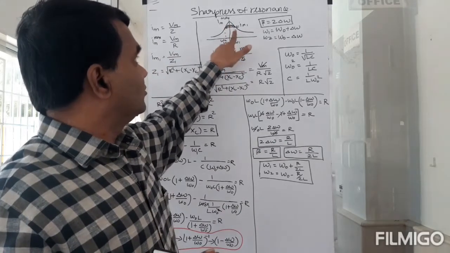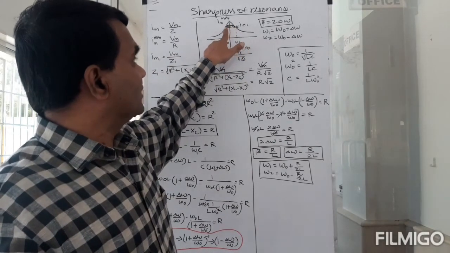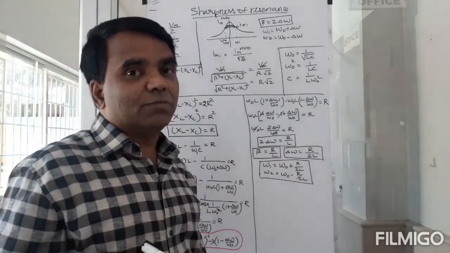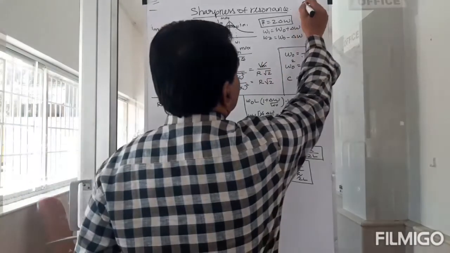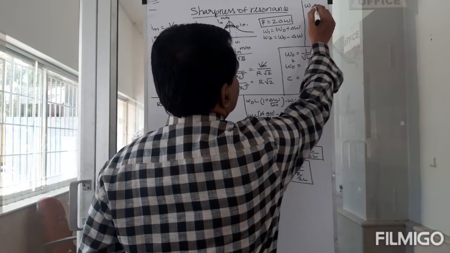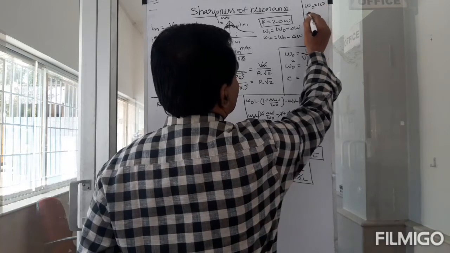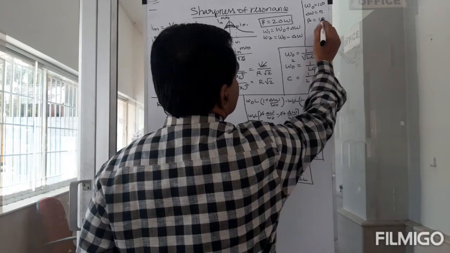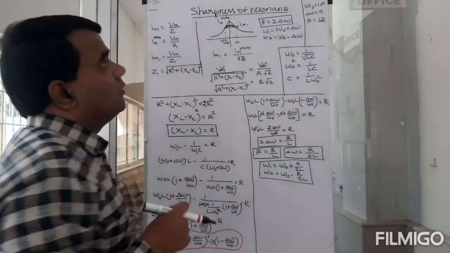So what is your bandwidth now? This is 5, this is 5, so 10. You will say 10 is the bandwidth. If my omega naught is 100 and my delta omega is 5, then the bandwidth is actually 10.